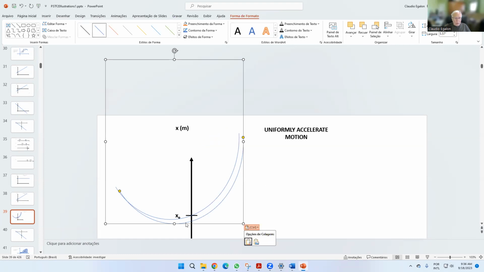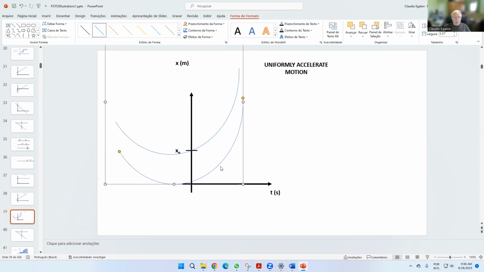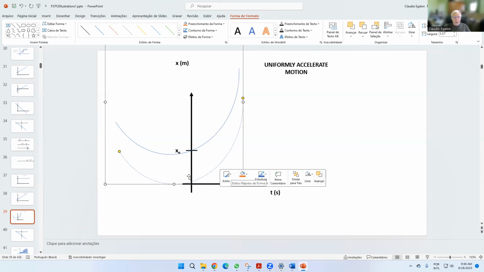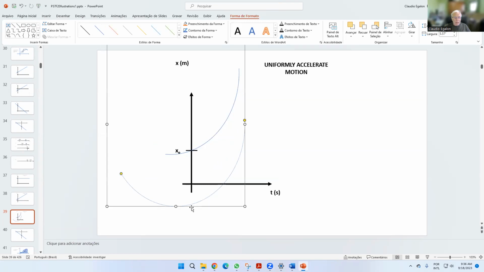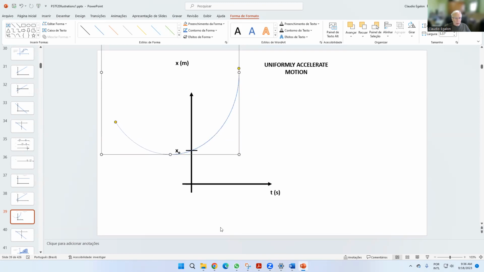I'm going to shadow this one, and shorten it even more.